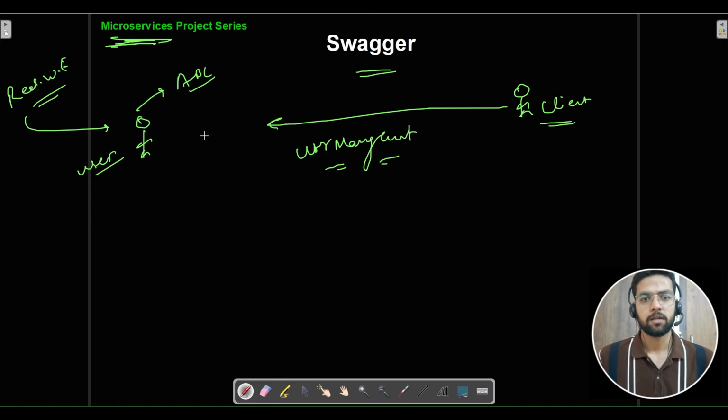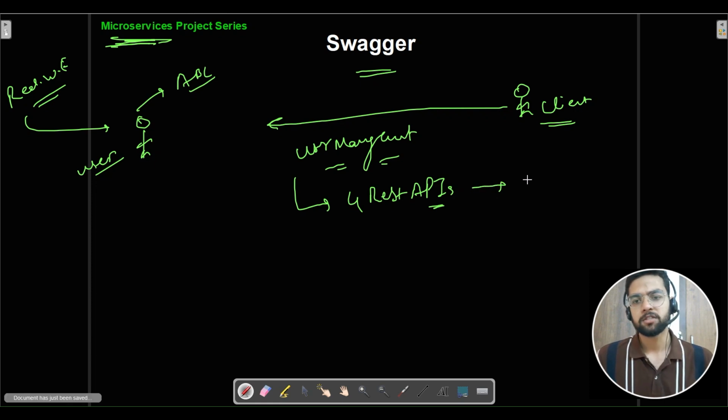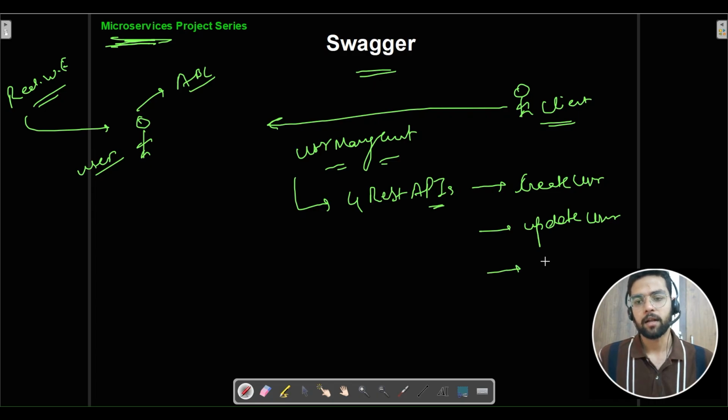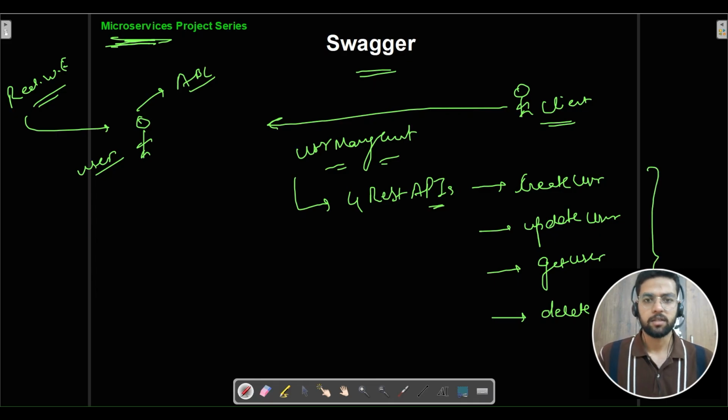The client's requirements are simple: the Spring Boot application should contain 4 REST APIs, simple CRUD operations, so you can create a user, update a user, get a user by ID or by email, and delete a user. So these 4 APIs, and that's it.